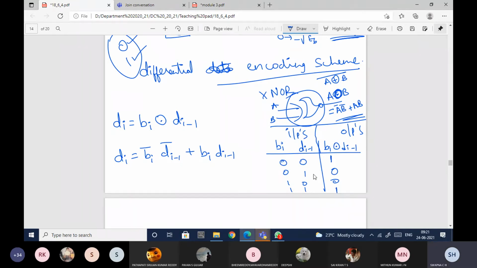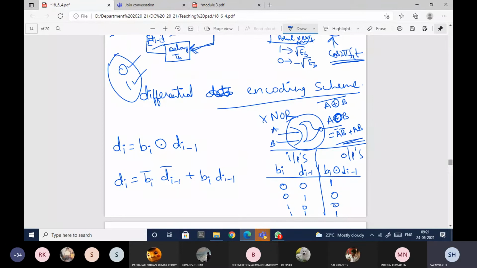Based on this XNOR gate only this will work. If you just observe Bi and Di minus 1, just check carefully. If Bi and Di minus 1 are 1 1 or 0 0, the output is 1.